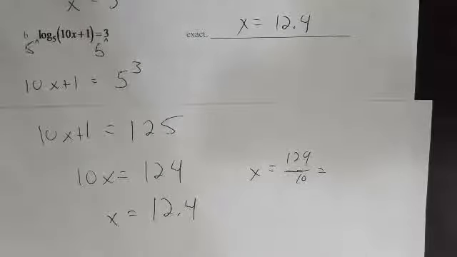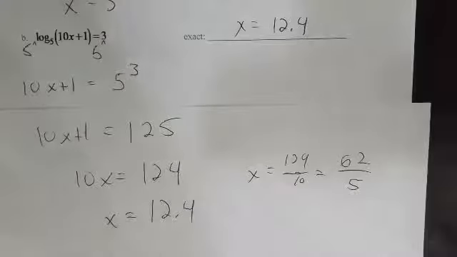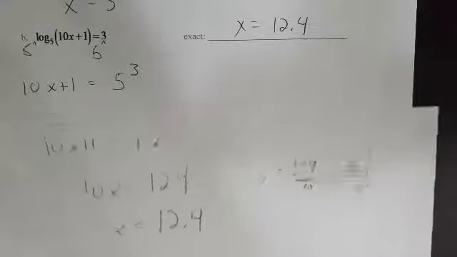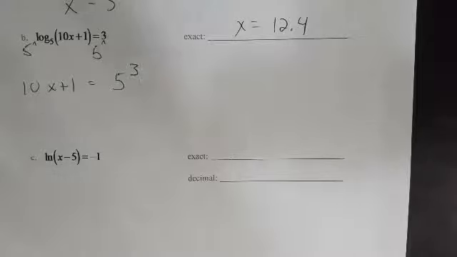And try to reduce that if you want to give it as a mixed fraction or as an improper fraction. I think they're both divisible by 2, which will give me 62 over 5 if you want to do a fraction. This one's an even decimal. So this is also exact here. Either way is good here. Okay, now we got one more.